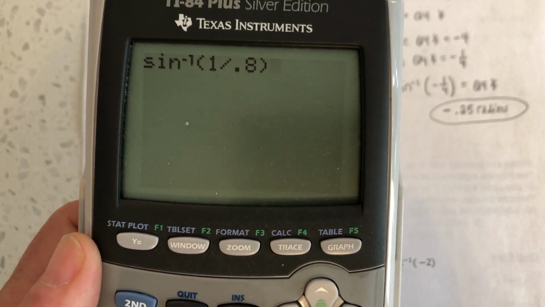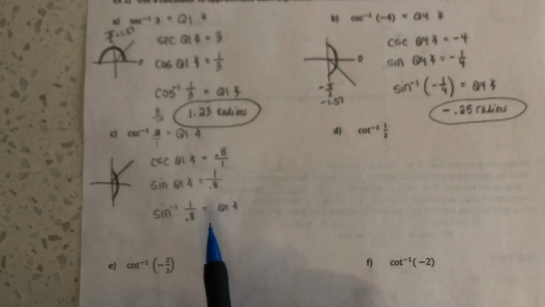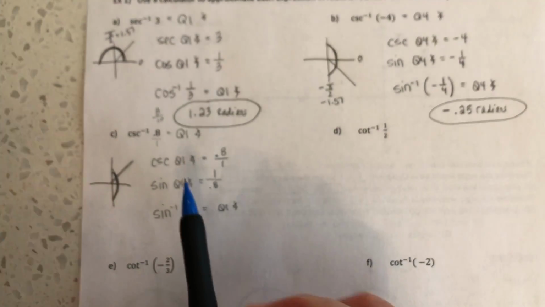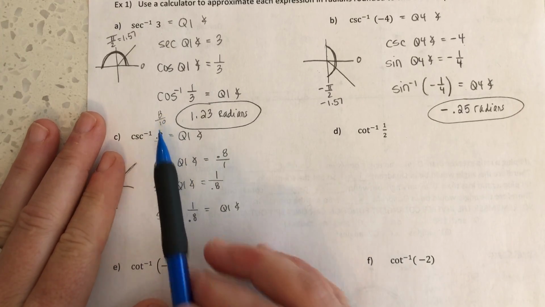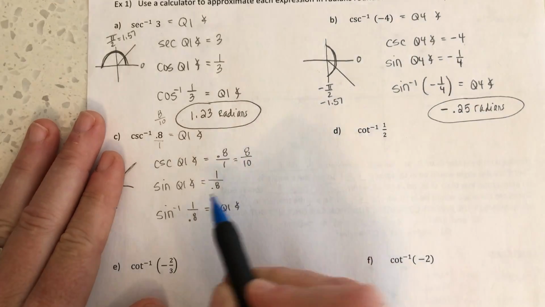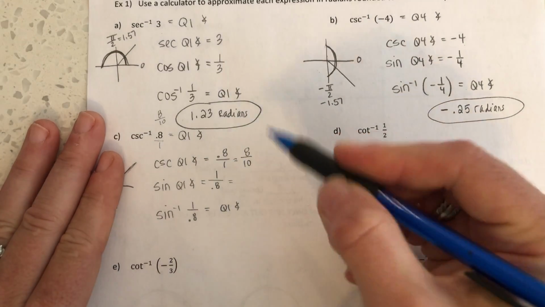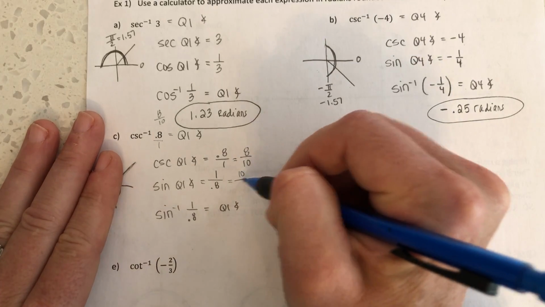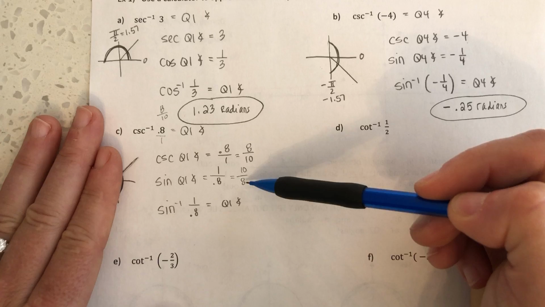Hit enter, and it says domain error. The reason it says domain error is because of this. If you look at it in its fraction form, it's 8/10, so this is equal to 8/10. Then that means the sine of some quadrant angle has a ratio of its reciprocal, 10/8. But here's the problem. Guys, the sine ratio is O/H.